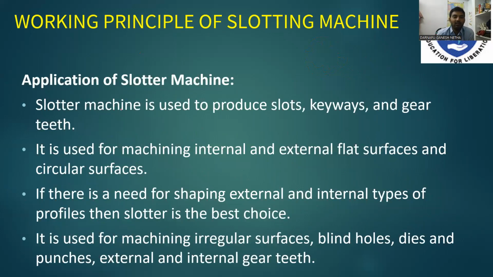Applications of slotting machine. The slotting machine is used to produce slots, keyways and gear teeth. We already discussed its operations. It is used for machining internal and external flat surfaces, and for gear making.